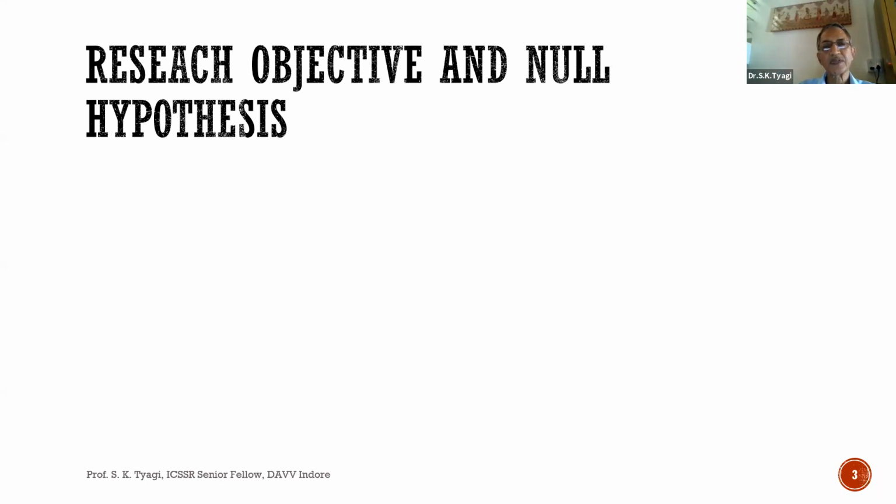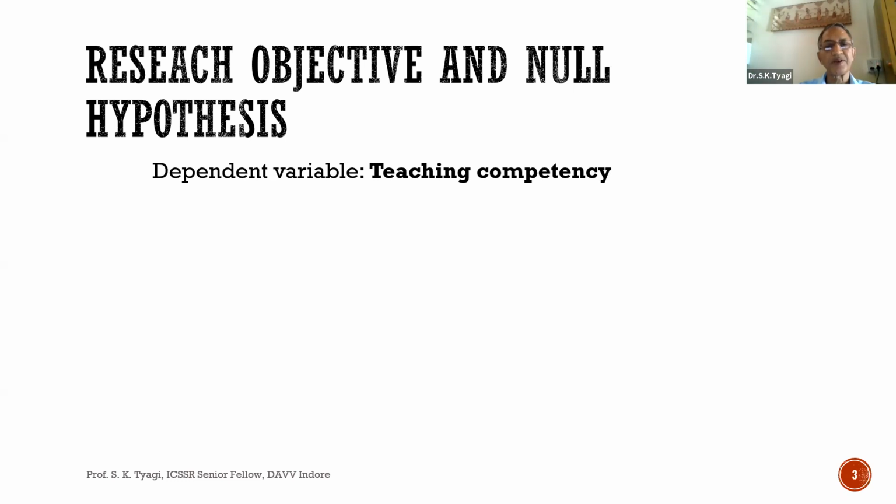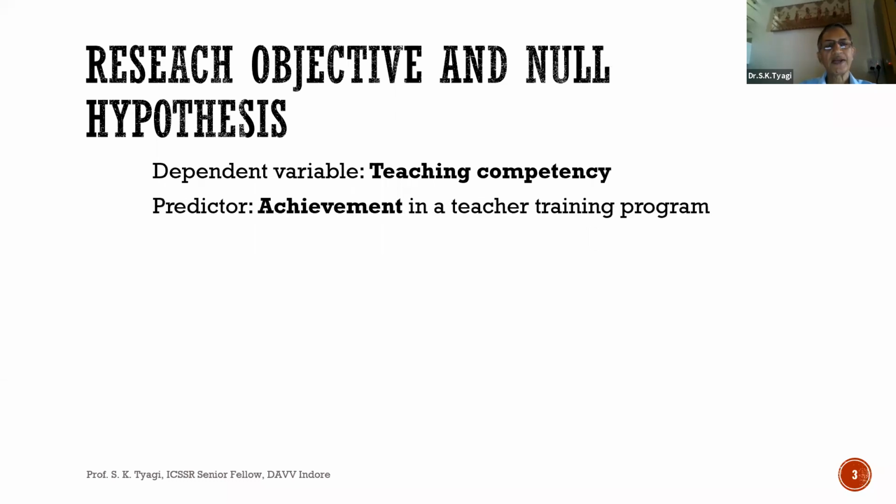Now, how to write the research objective and null hypothesis in regard to simple linear regression. The research objective is to be written in the context of the variables. One must be the dependent variable or the predicted variable, and another should be the independent variable or the predictor. The example I have chosen is: dependent variable is teaching competency, and independent variable or predictor is achievement in a teacher training program.